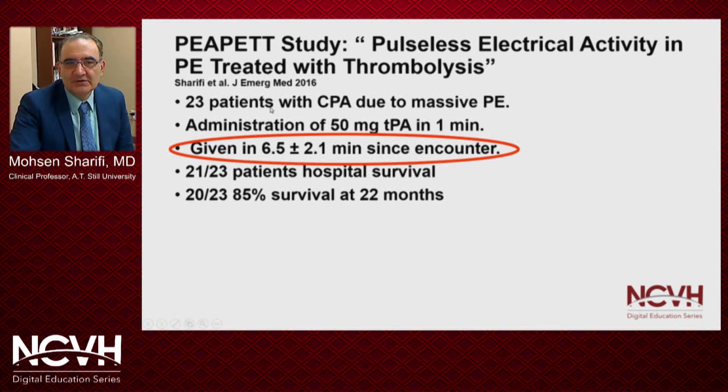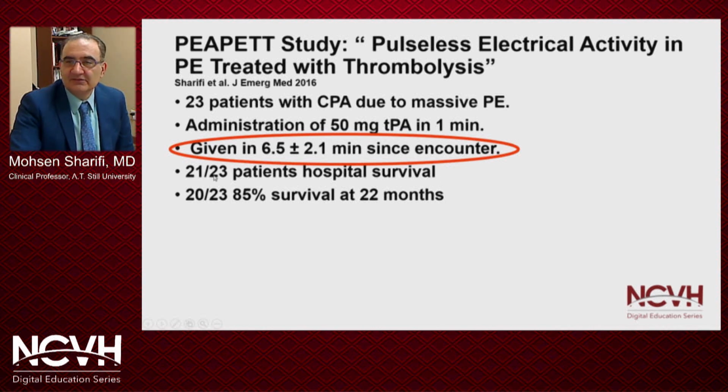We looked at 23 patients who had cardiopulmonary arrest due to massive PE. Now, this was not possible PE, it was definitive PE. And we administered immediately, as soon as we got the call from the ER, 50 milligrams of TPA in 1 minute. It was given on average 6.5 minutes since encounter.